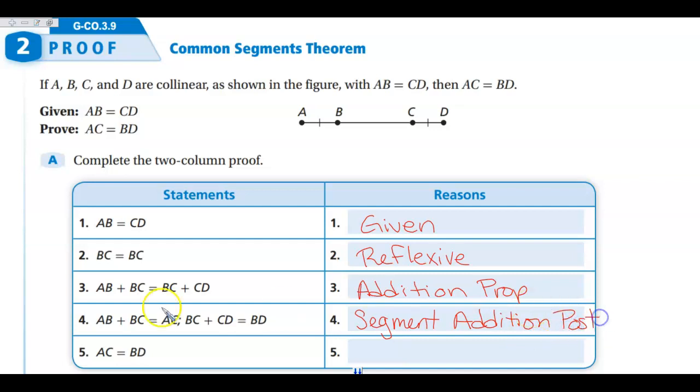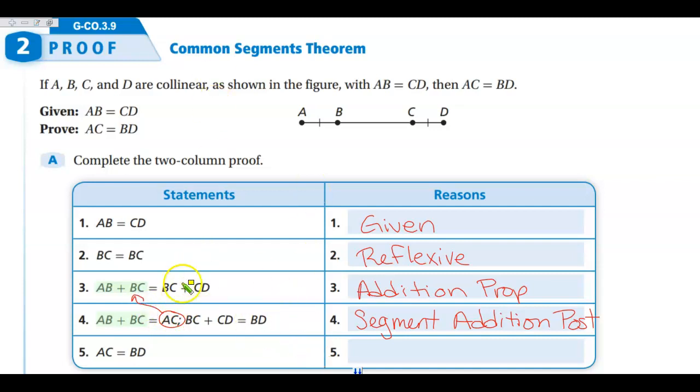All right. Then I have AC is equal to BD. Well, what did I do? Look at what's here. I'm going to notice I have AB plus BC, I have AB plus BC. So what I'm doing is I'm taking AC and I'm plugging it in for here. All right.